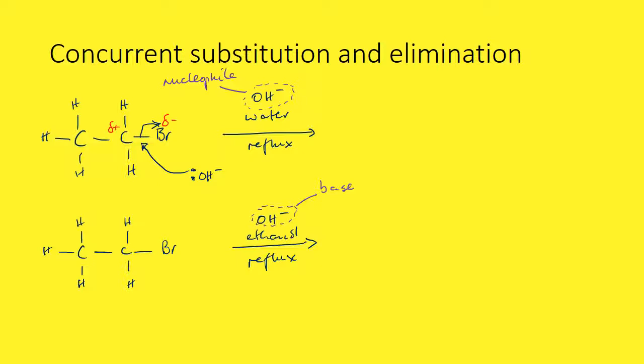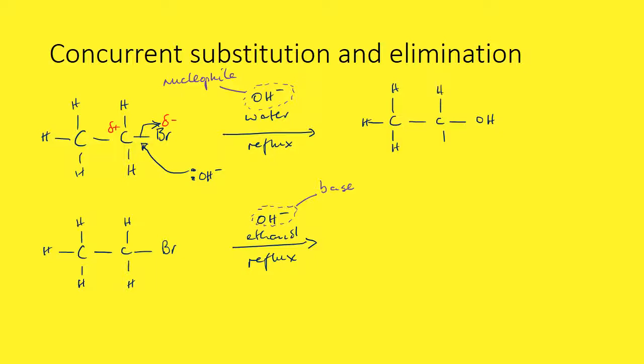Okay, so after those two steps we get carbon with 3 hydrogens, like so, and the other carbon is bonded to our hydroxyl group now.